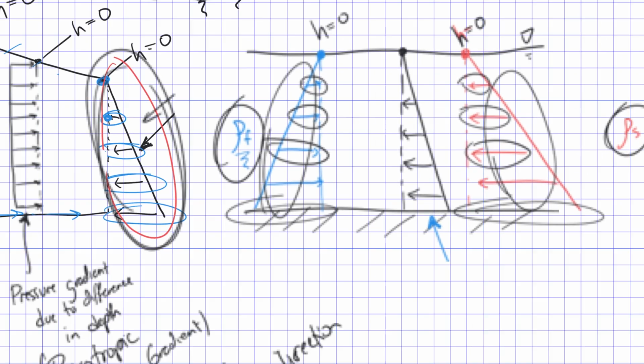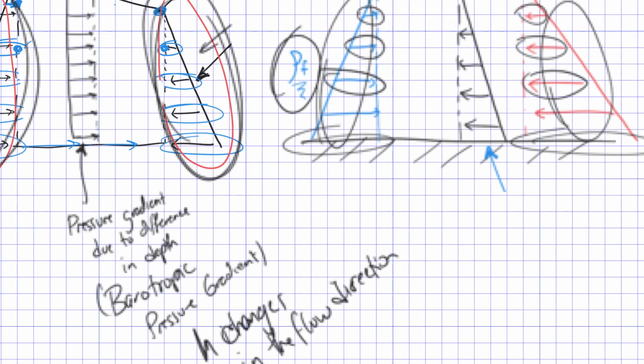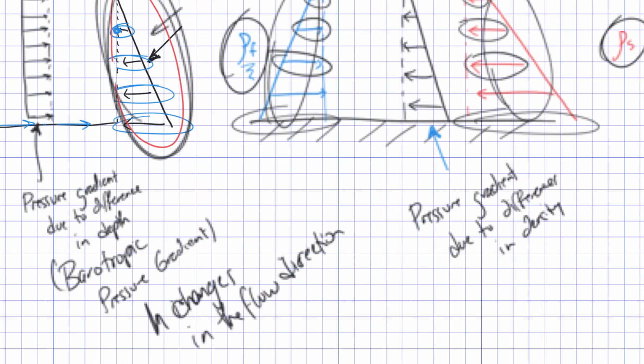Okay, so this particular pressure gradient, but it is due to differences in density. Okay, and it has a special name.